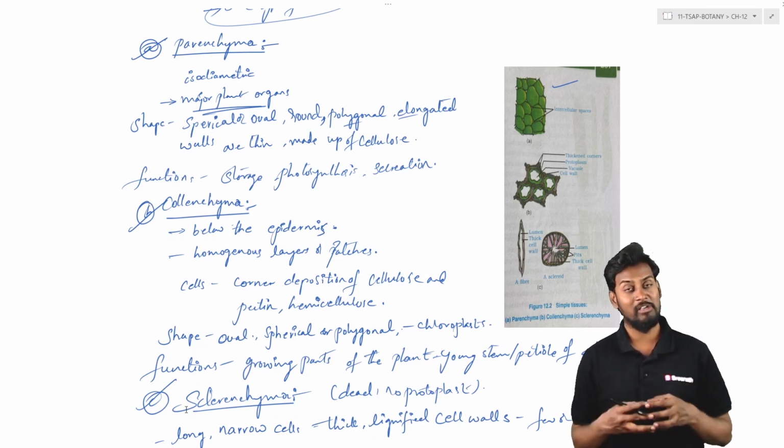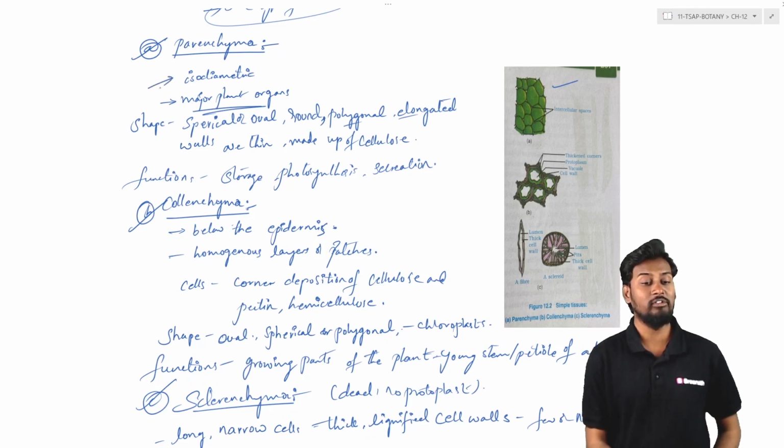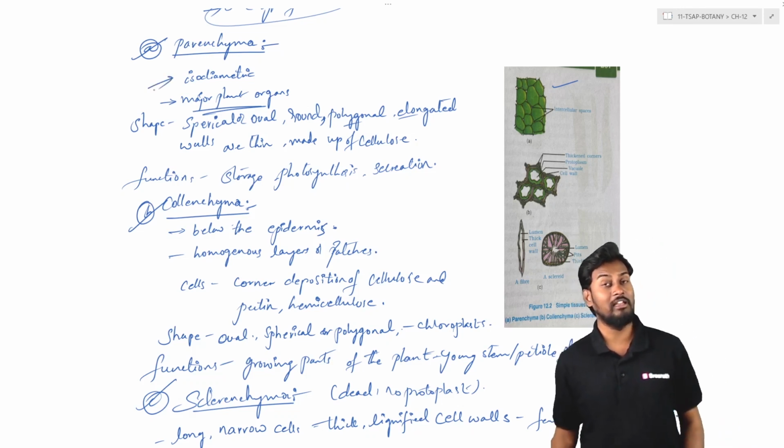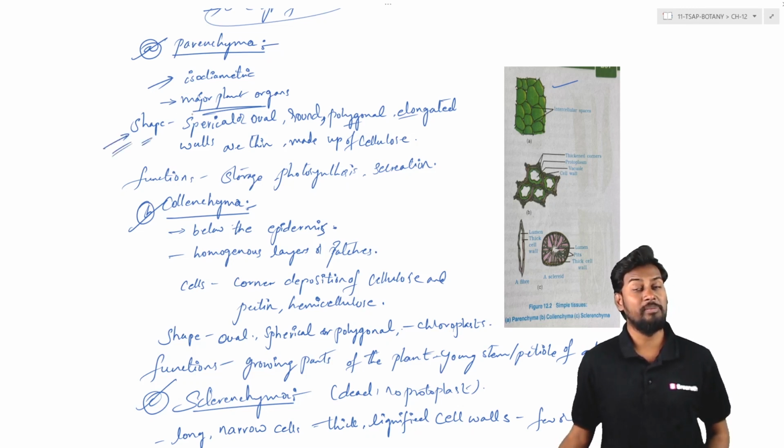So parenchymal cells are the ones which are forming the major plant organs, and they are the ones which are showing the category that is called isodiametric. So they don't have difference in the diameter, they show the same diameter from all directions. And coming to the shape, it is consisting of variations in the shape.